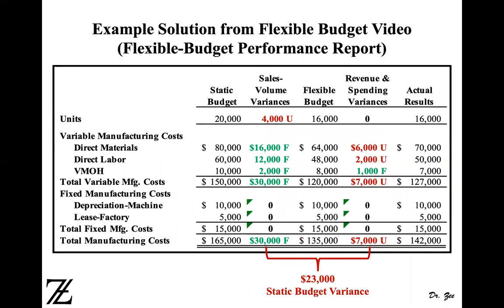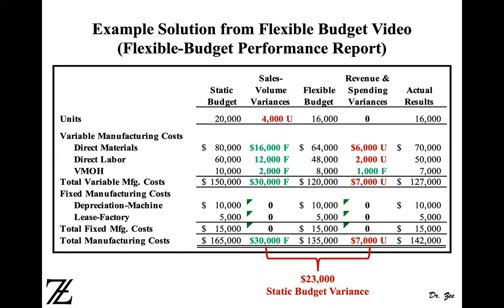Also, the example solution from my flexible budget video is shown on this slide right here. This is a flexible budget performance report that I obtained from that video. It shows revenue and spending variance. In the second last column, revenue and spending variance, which is also known as flexible budget variance, you have direct material variance, unfavorable, direct labor variance, unfavorable, and variable manufacturing overhead, favorable.